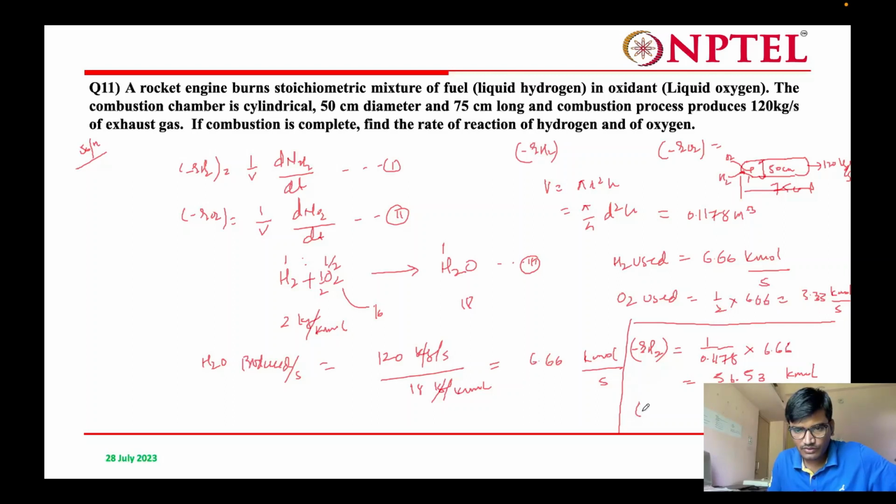Similarly, for O2 it is 28.26 kilomole of O2 per meter cube of rocket.